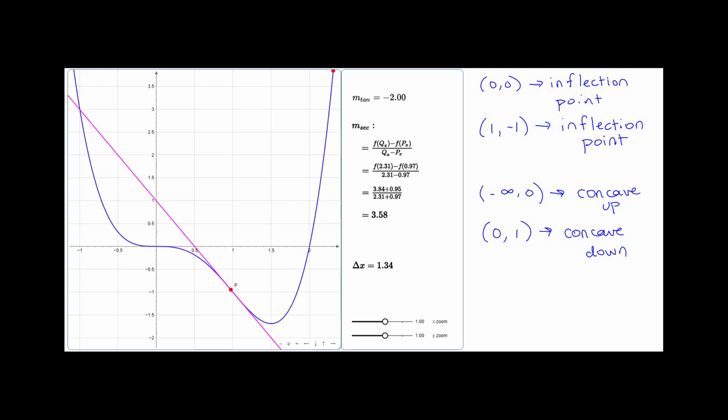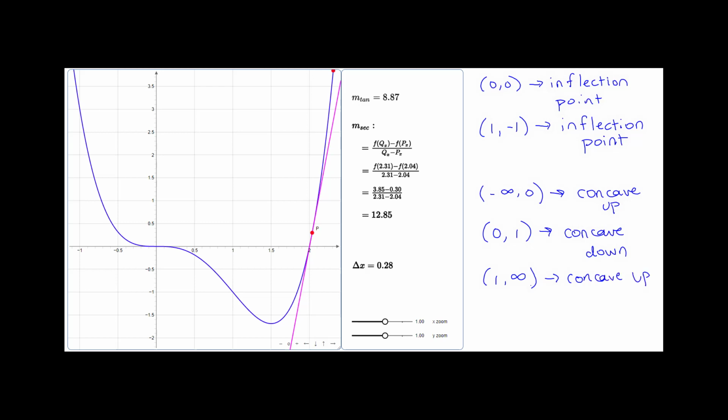And then going from x equals positive 1 onward, I now have my curve entirely above the tangent line, so now I'm concave up again. So on the interval from 1 to infinity, we are again concave up.